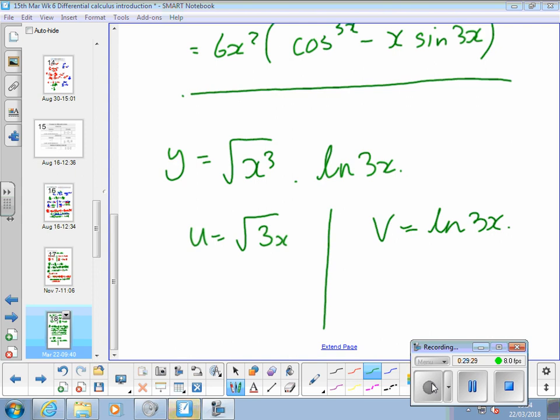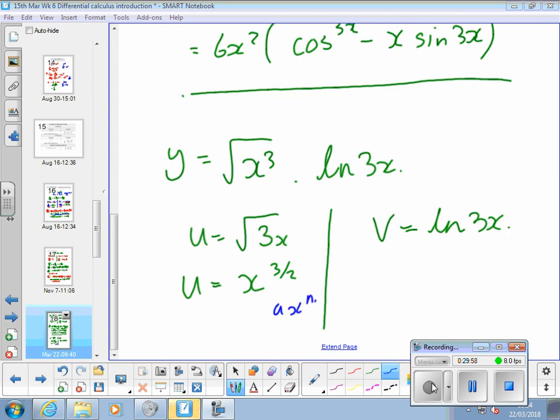That's what it is. But we need to write this in index form. I've seen an example where, not wanting to pick anybody out, they've written du by dx is equal to, we've got to write this in index form, x to the power 3/2. Because now it's in ax to the n form.